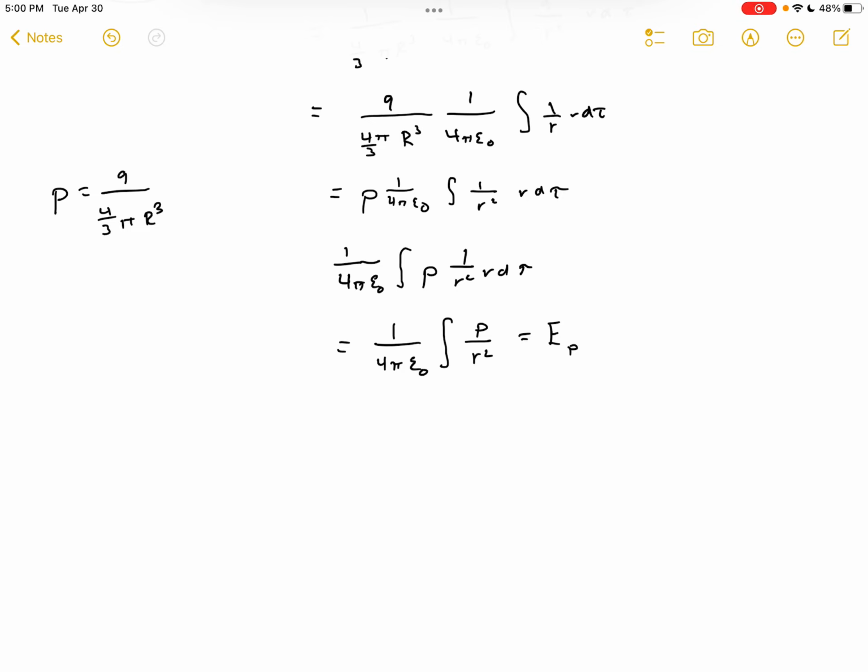So E rho is equal to E average. So that checks part A.